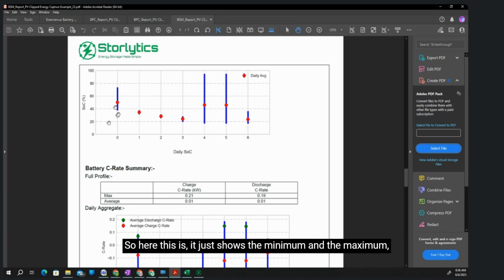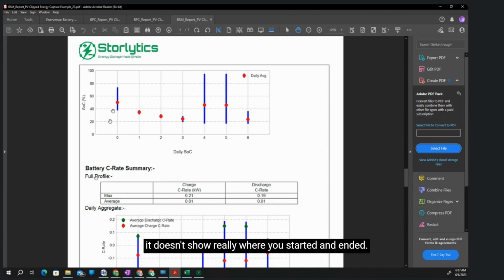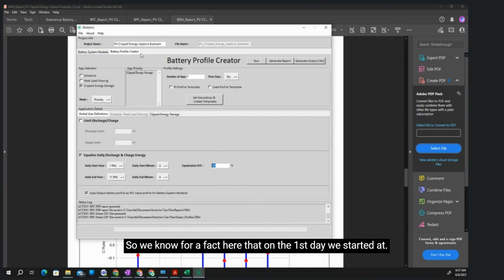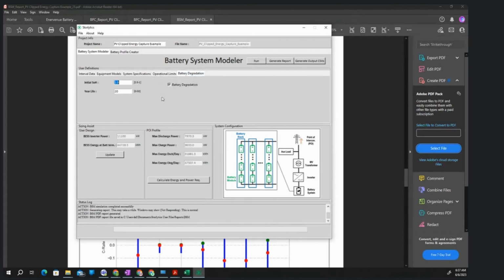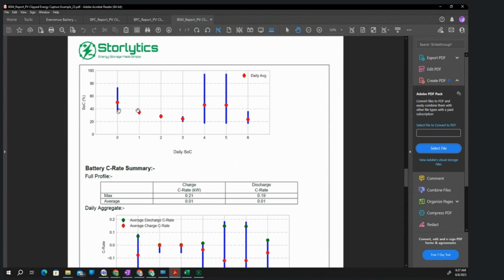Here it just shows the minimum and the maximum; it doesn't show where you started and ended. We know for a fact that on the first day we started at 40%. It just went slightly below that 40% here, but we started exactly at 40% here.